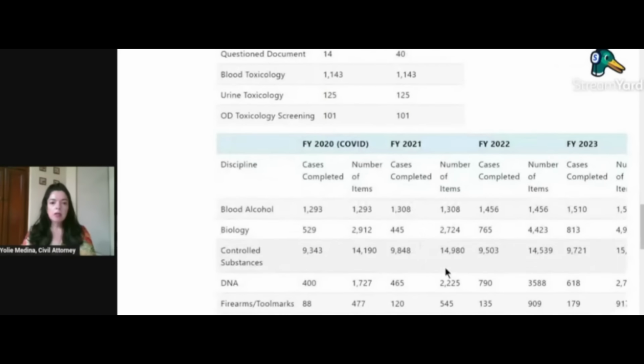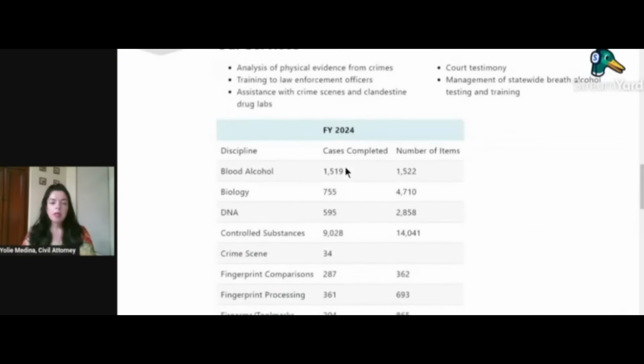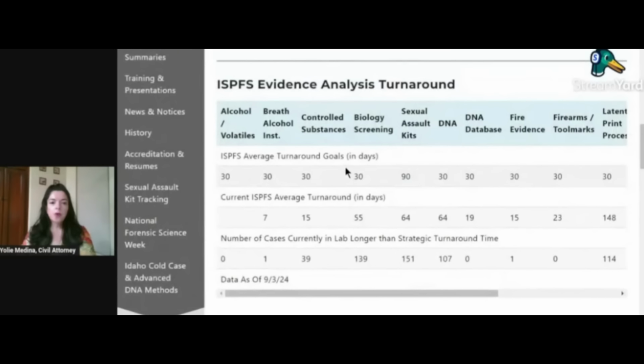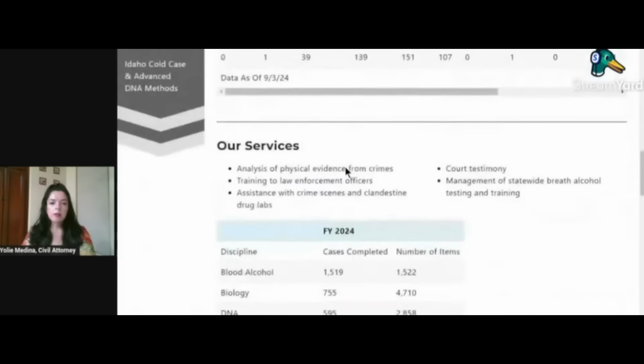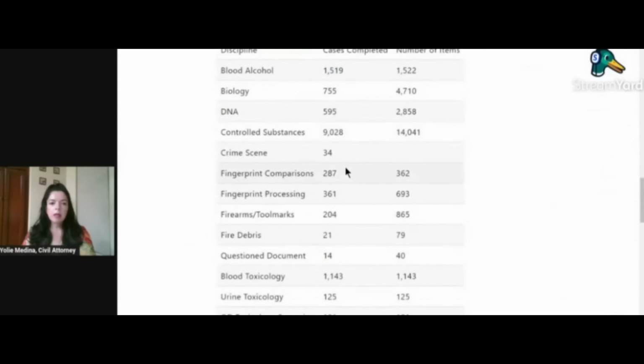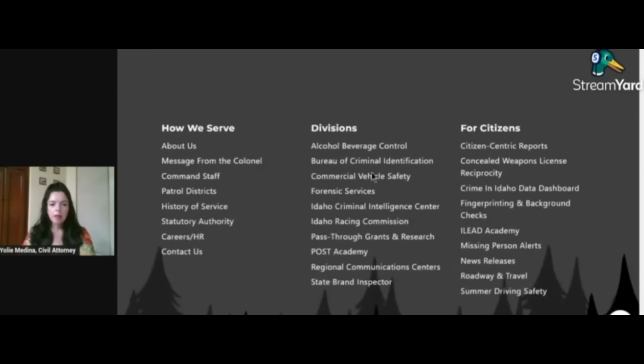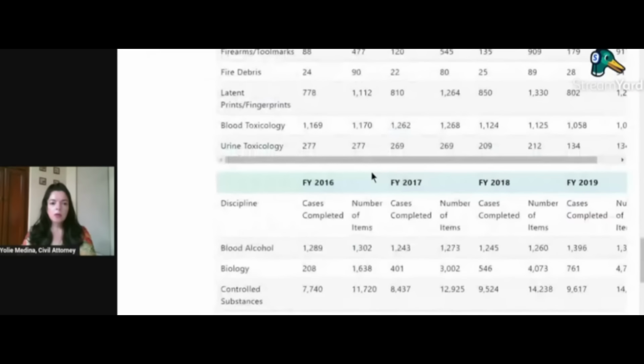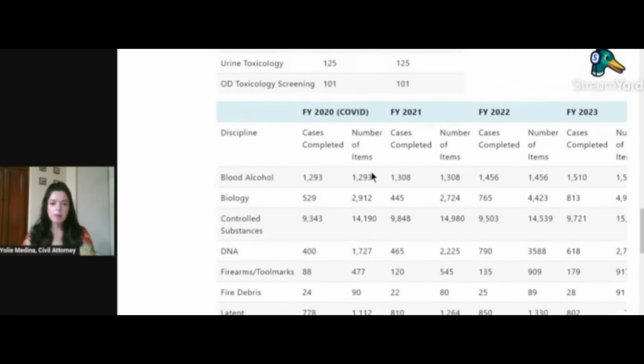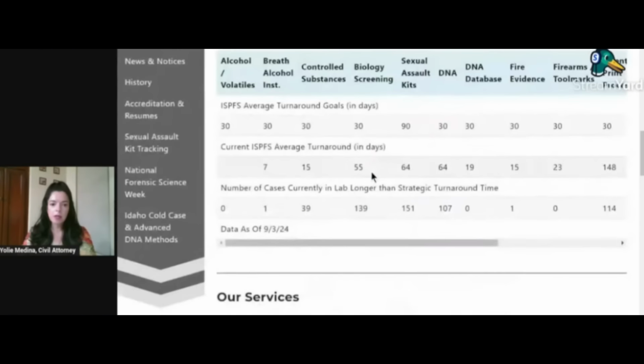But it looks like every 4 years, they say 2020, and it talks about, wait a second, cases completed. No, they don't. So let's see. It talks about the cases completed and the number of items, but it doesn't talk about the turnaround time.